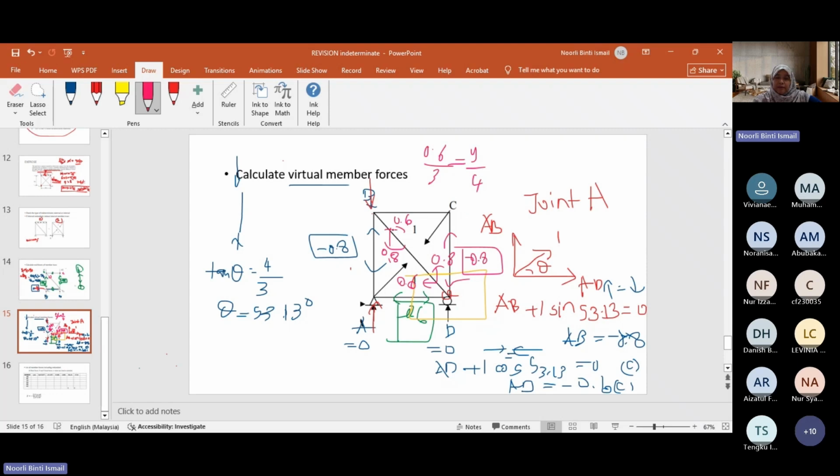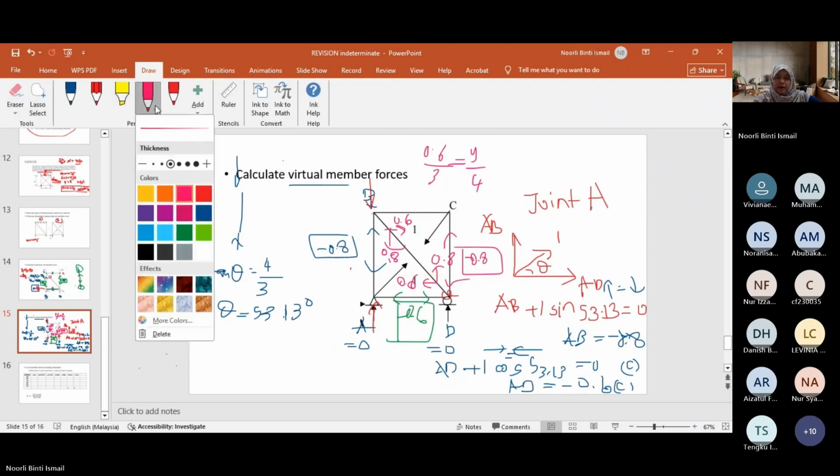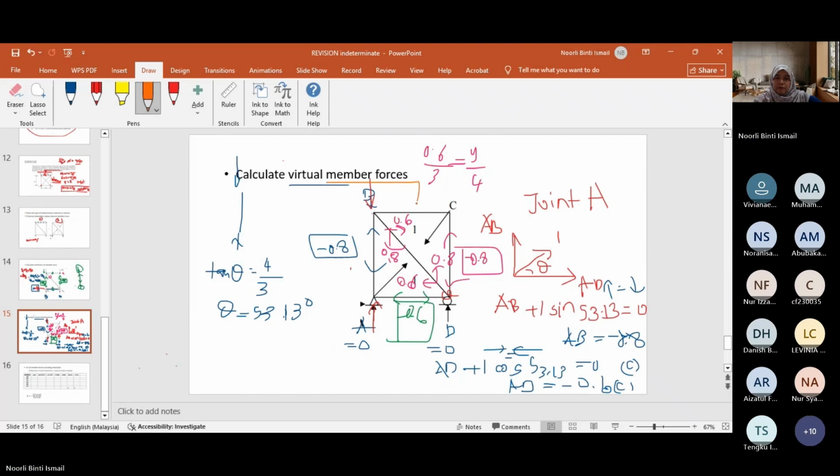Okay. And then how about BC? BC will be here. Now you look at the joint B. Joint B. So you look at the joint B, orange. So just now, we already balanced in Y direction, right? If you look at here, Y direction, up, downward 0.8, upward 0.8.